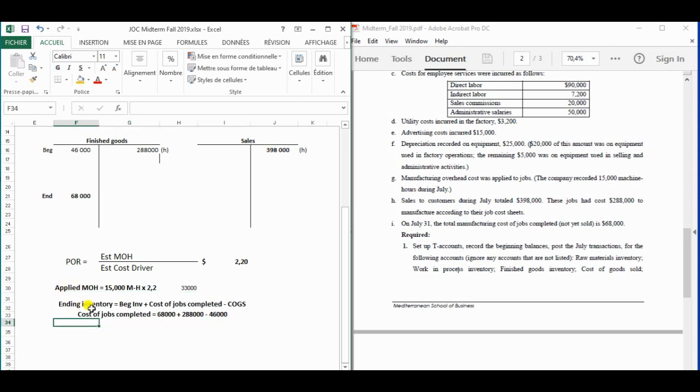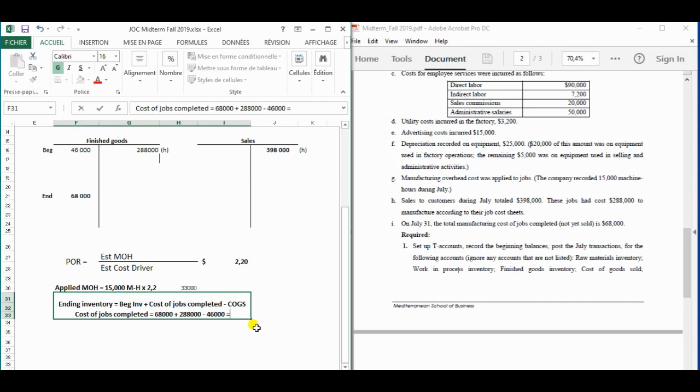So cost of jobs completed is equal to $310,000.